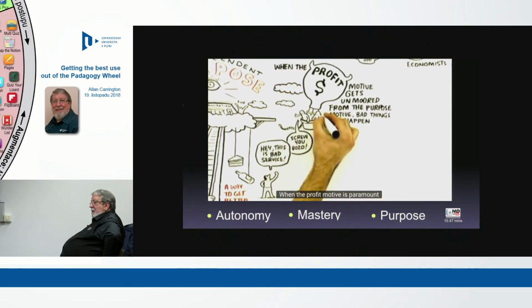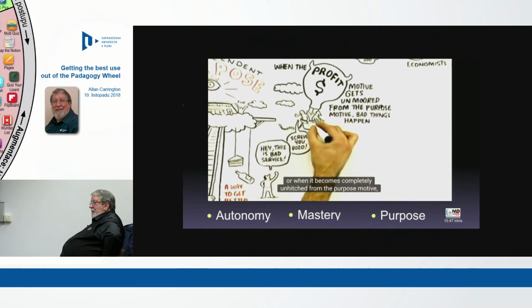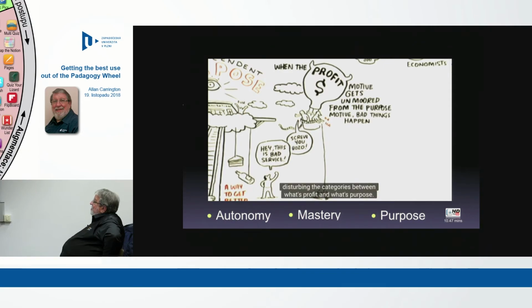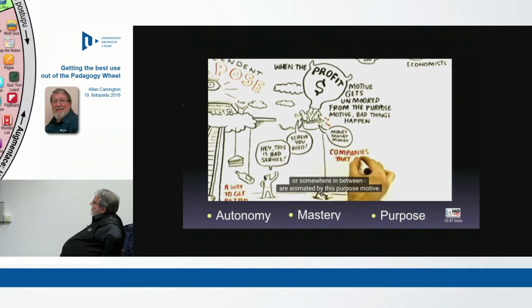That when the profit motive is paramount, or when it becomes completely unhitched from the purpose motive, people don't do great things. More and more organizations are realizing this and sort of disturbing the categories between what's profit and what's purpose. And I think that actually heralds something interesting. And I think that the organizations that are flourishing, whether they're for-profit or somewhere in between, are animated by this purpose motive.